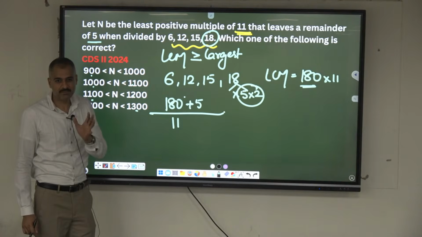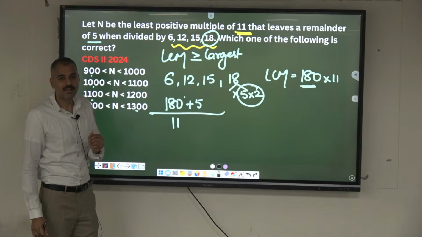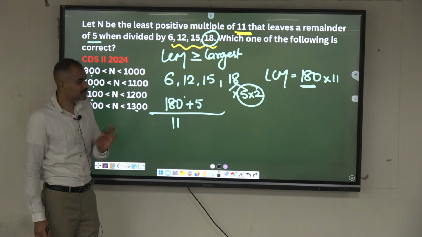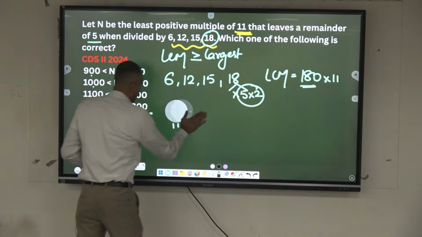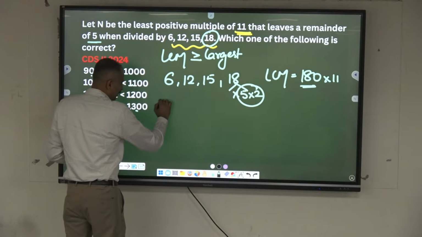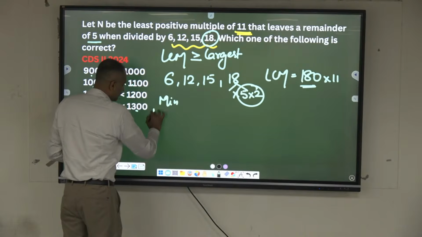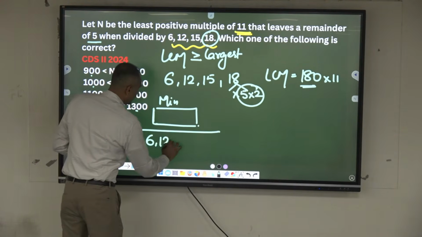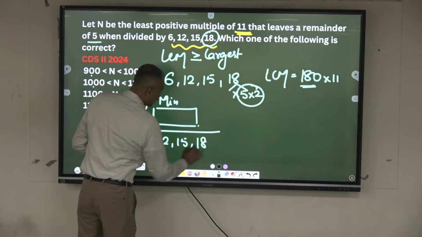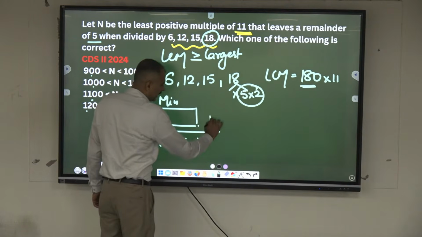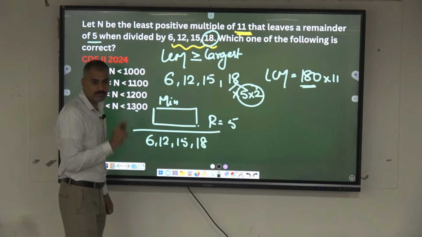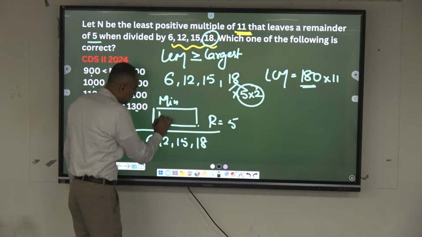185, is it divisible? No. 185 is not divisible. Isn't it? The meaning of this question: when I divide the smallest number by 6, 12, 15 and 18, the remainder has to be 5. The smallest such number is 180 plus 5.